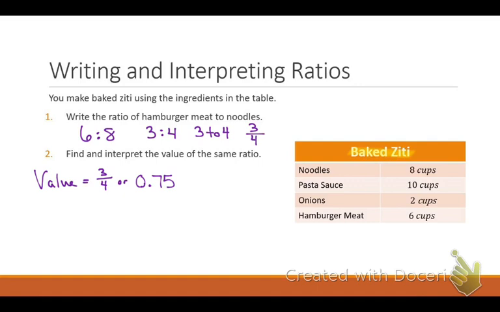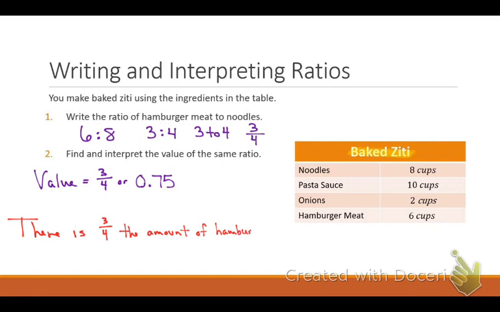Can anybody tell me what that means? Aiden? It means that there's 3/4 hamburger meat for 1 noodles. Yes, very good. There is 3/4 the amount of hamburger meat compared to noodles. So it's not a 1-to-1 ratio.